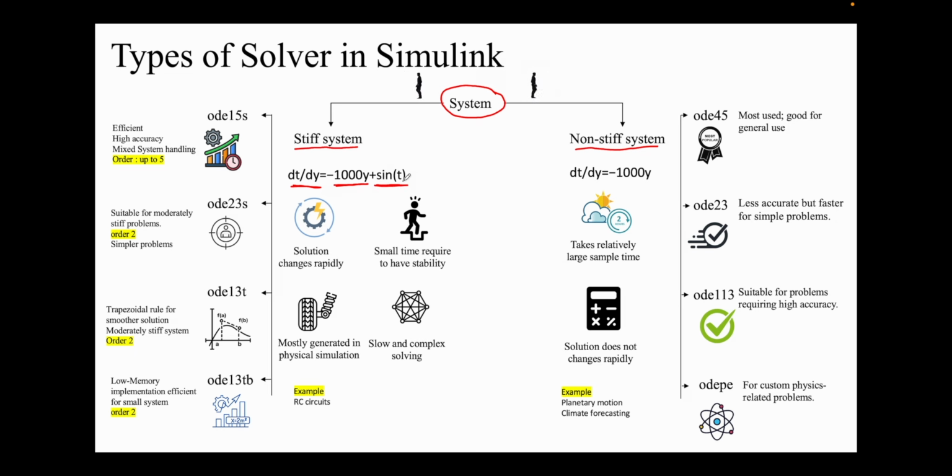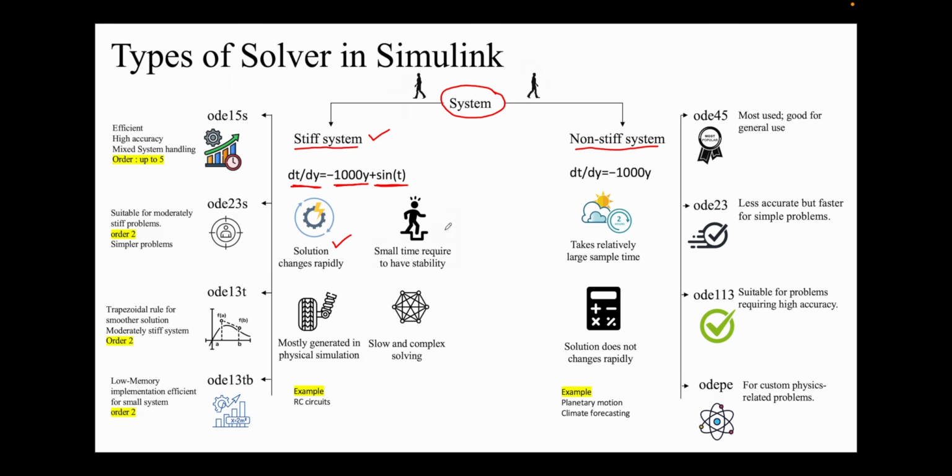This variation could be anything which will be rapidly changing over time. So in any stiff system, your solution for the output will be changing very rapidly, and it is very hard to track it if you are using a larger sample time.